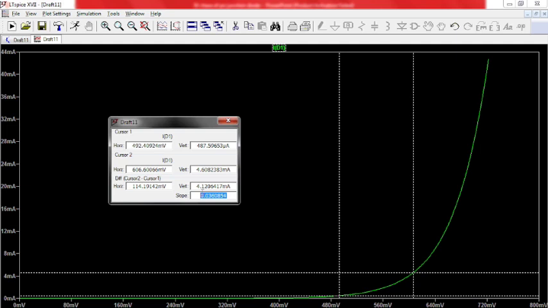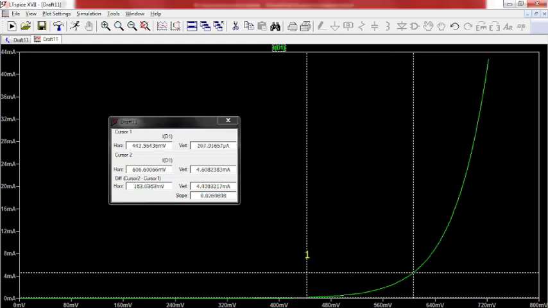The inverse of this value will be 27. So the resistance value here is 27 ohm.